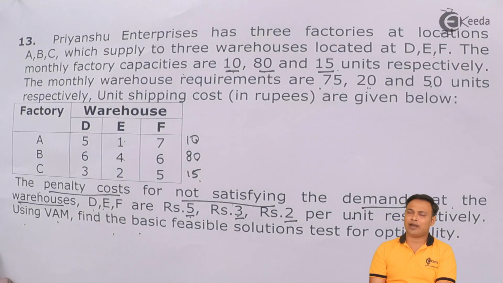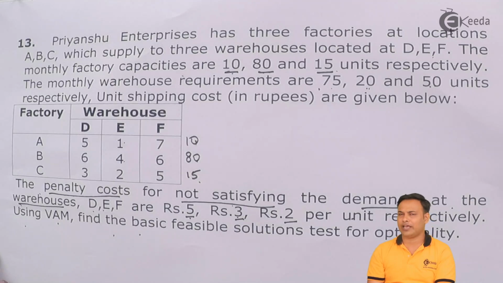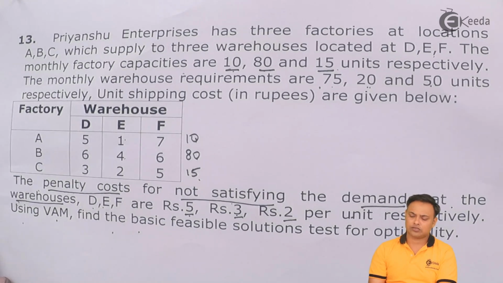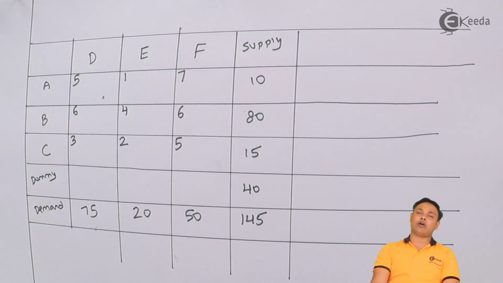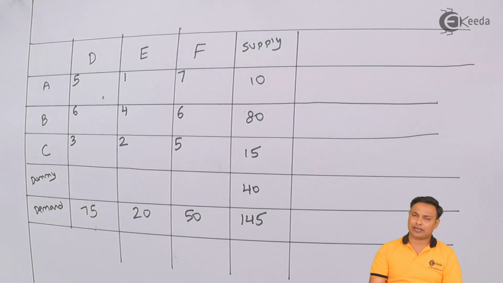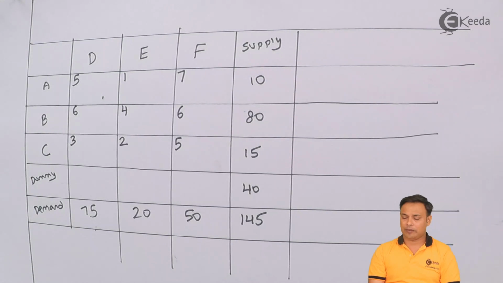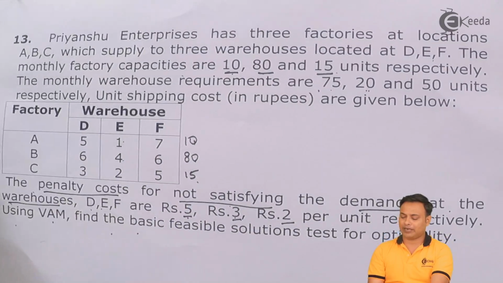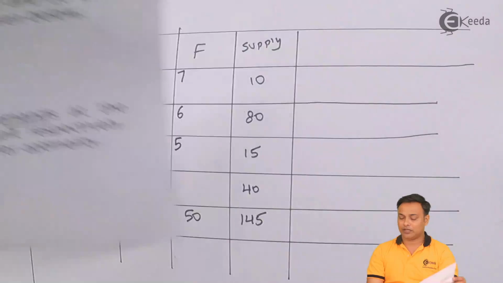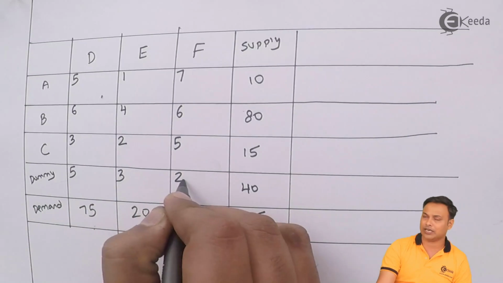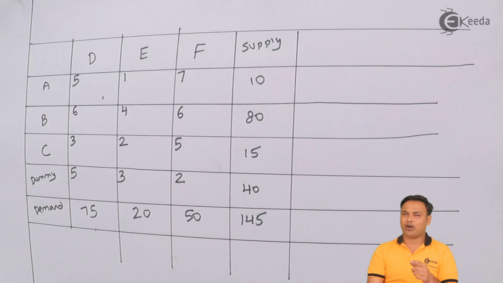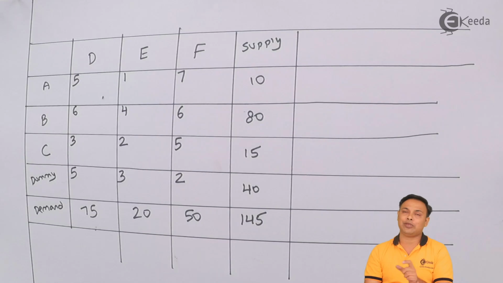Warehouse में डिमांड सेटिस्फाई नहीं करने के लिए आपको पेनल्टी लगेगा. So if we make any allocation in the dummy, it means that much quantity in real life we are not going to supply practically. Therefore we have to put this penalty cost of D, E, F here, because that is the cost we are going to incur for not supplying or for supplying through the dummy unit.